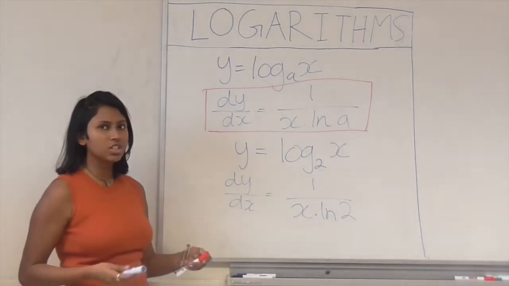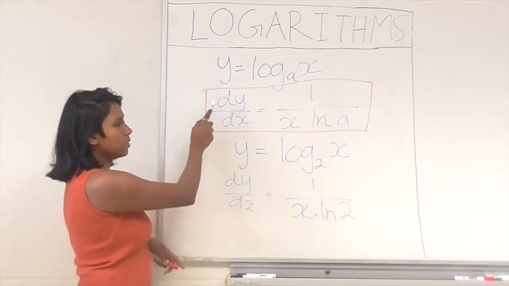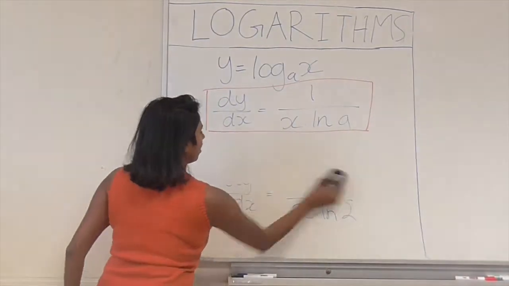From this, we can actually find how to differentiate the natural logs, and this also comes from applying this formula. So I'm just going to show you how that works.